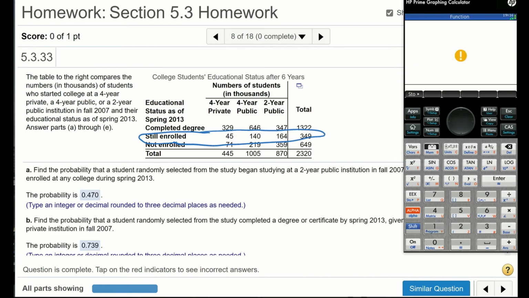Let's see if we can get rid of this. One second while I figure this out. Okay, 164 divided by 349.